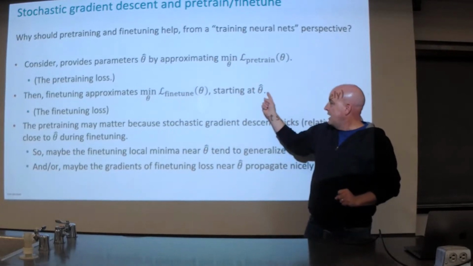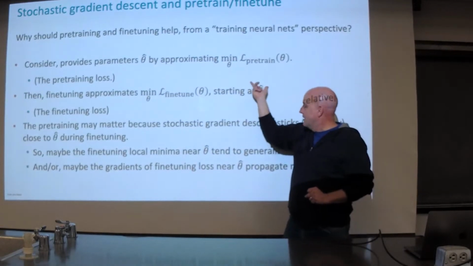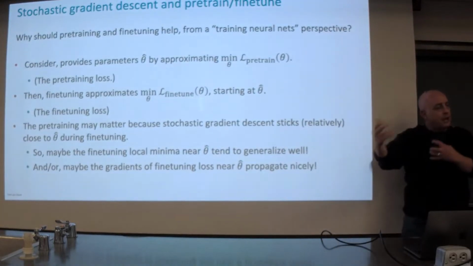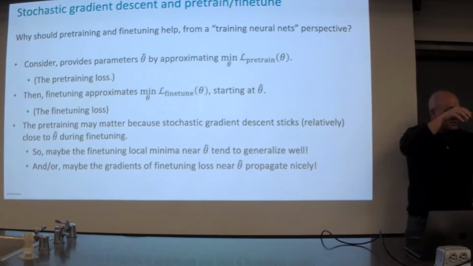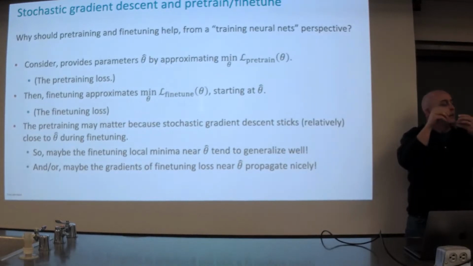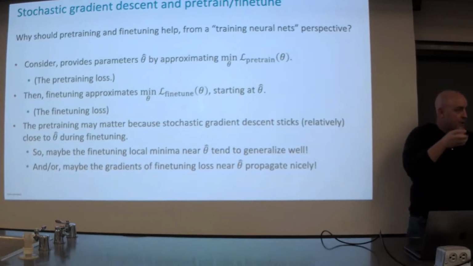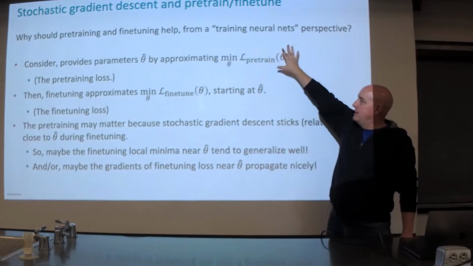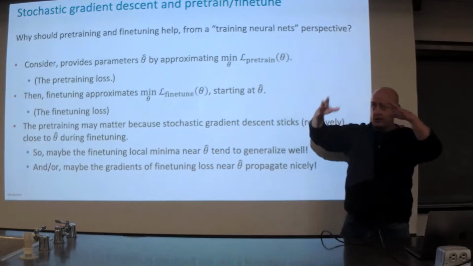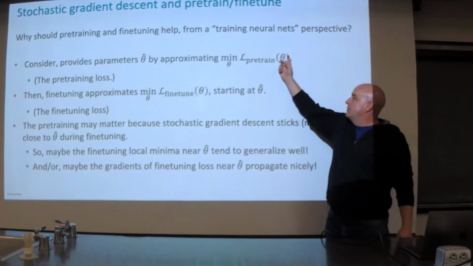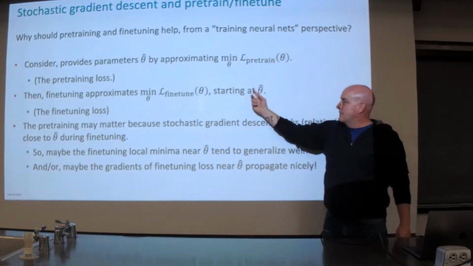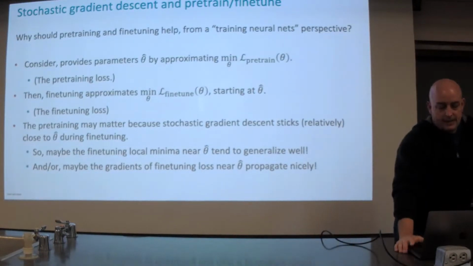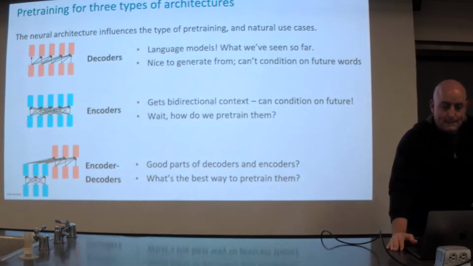So the expectation is that these weights right here are really good, and that we probably couldn't have got to that set of weights using just the particular task with that small set of data. So the pre-training on the big data sets gets us to a good place on our loss surface, a good set of weights for the network, and that gives us a good starting point for doing the fine tuning. And there's more words there, but that's essentially the idea.